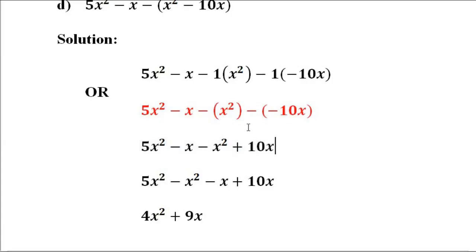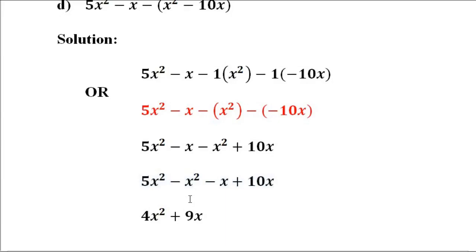Now, I'm going to combine like terms in this expression. We have positive 5x squared and negative x squared with the same variable x and the same power. Next, we have negative x and positive 10x with the same variable x and the same power.